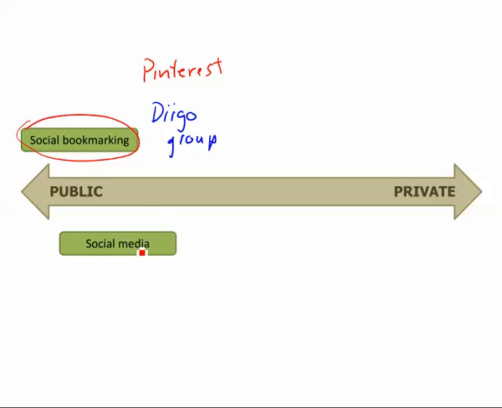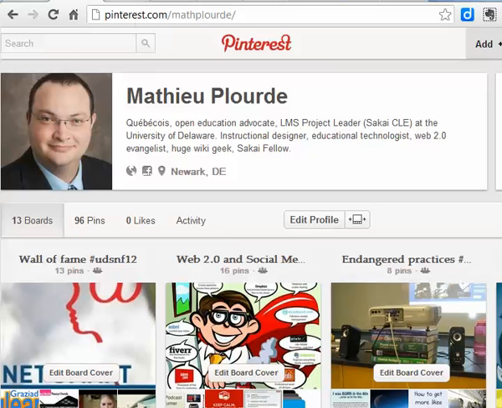Then there's also social media at the bottom here. Primarily, we're going to be using Google Plus for this semester. One of the reasons why I think Google Plus is a really good one is because of all the other features that come with it, like the Hangouts. I created a page for Google Plus that you can just follow, and then we can have all our events there.